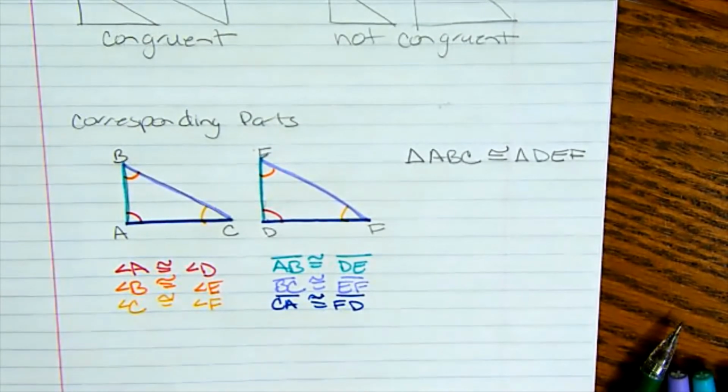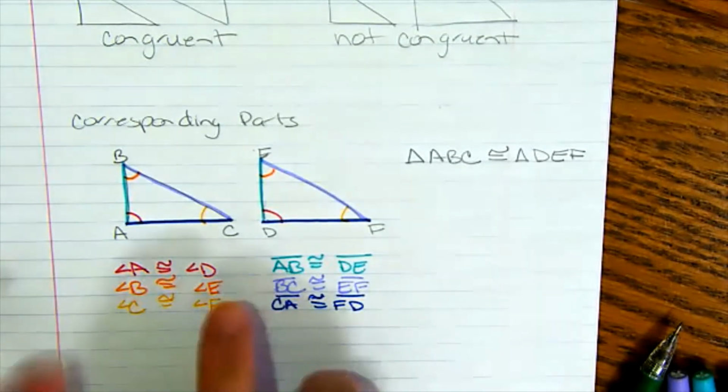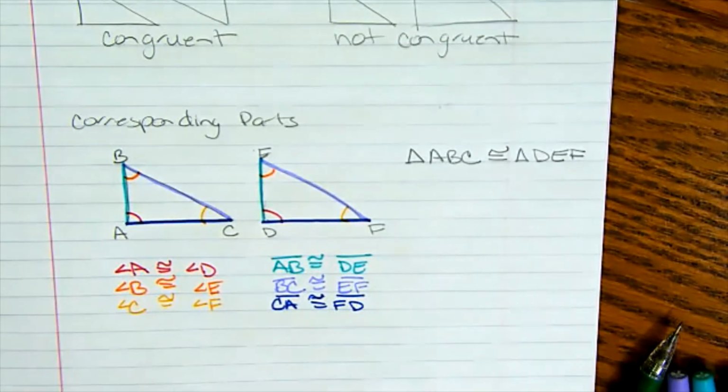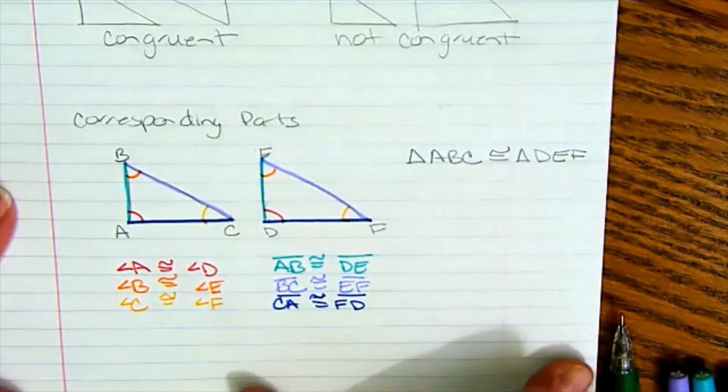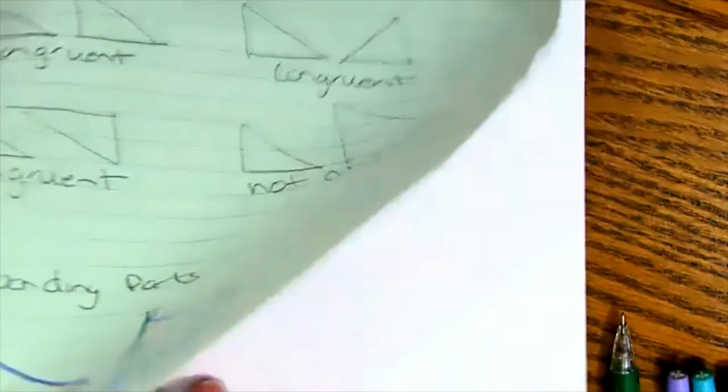So that's all fine and dandy, and it's really easy to find corresponding angles and sides when you've got two congruent shapes in the same orientation. But what happens when they are not in the same orientation?